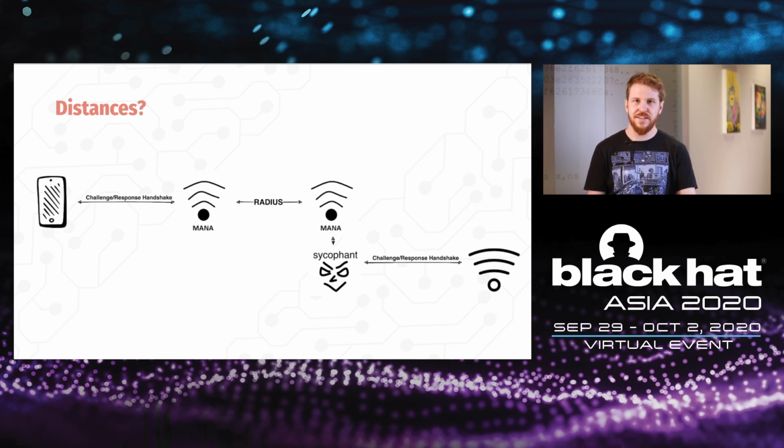It talks RADIUS to another server. So to do this over a long distance, you set Mana or hostapd-mana as a RADIUS server along with a sycophant. They still need to talk together using the file system, but you can set up an access point to use your RADIUS server and point it at the RADIUS server, obviously.